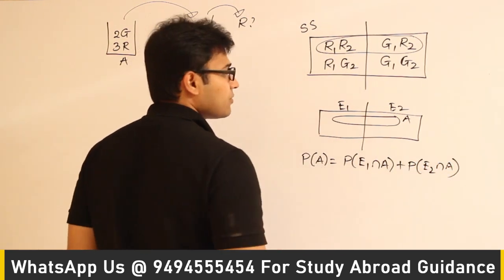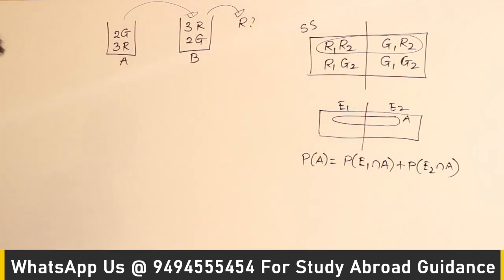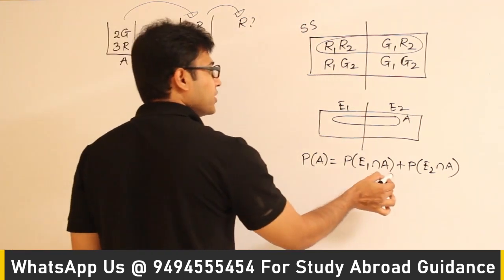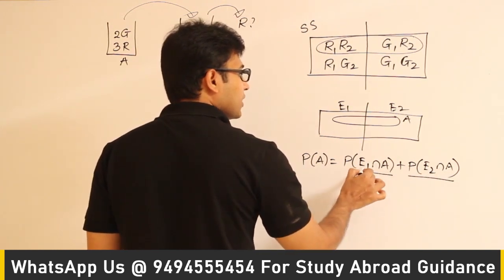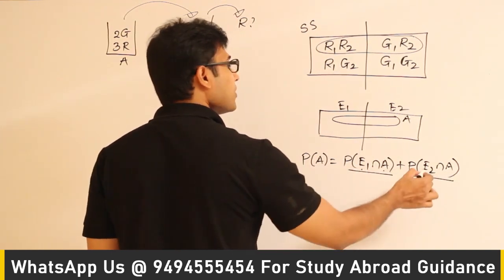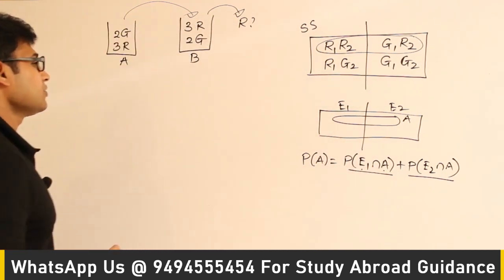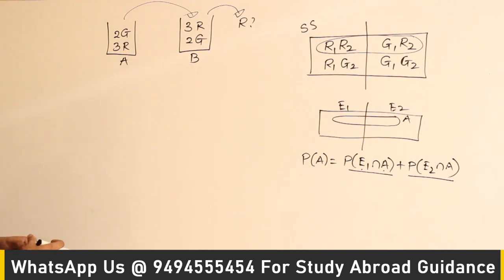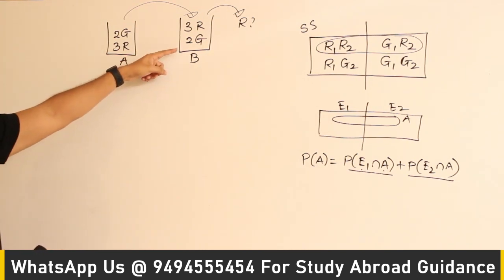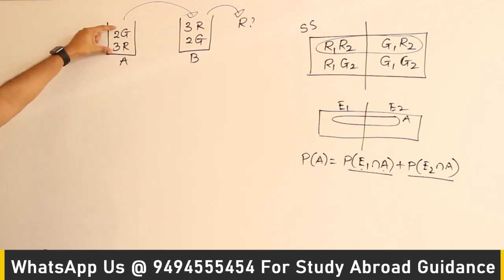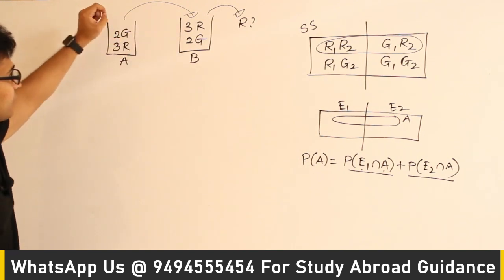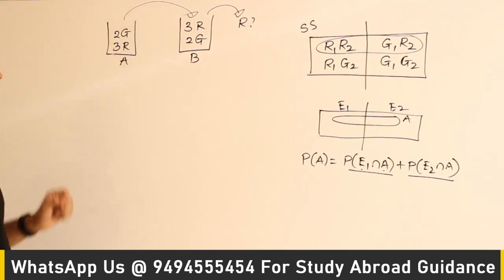Now how did I write it? Because they are mutually exclusive events. Got it? And then what about this probability? That depends on whether E1 and A are dependent or independent. In case they are dependent, we are going to use conditional probability. In this case, can you tell me, are they dependent or independent? The probability of getting a red ball here depends on what event happened here. If we get a green ball, then the probability will be something. If it is a red ball, then the probability will be something else.